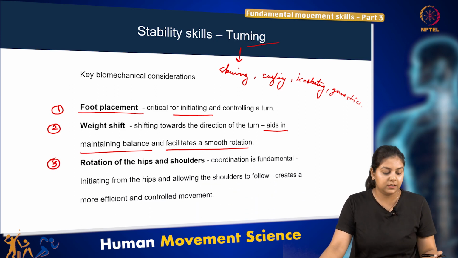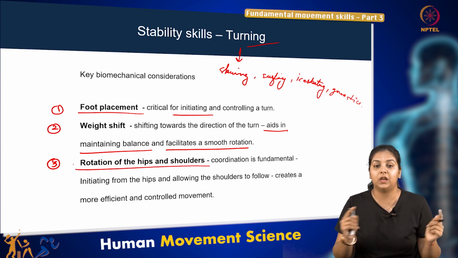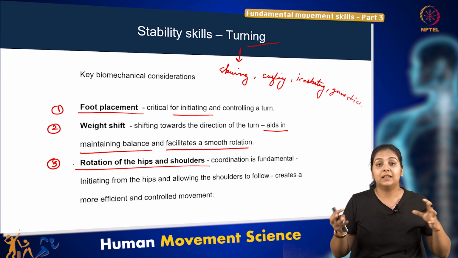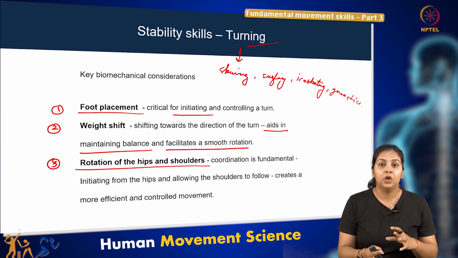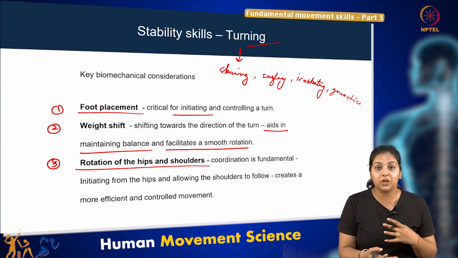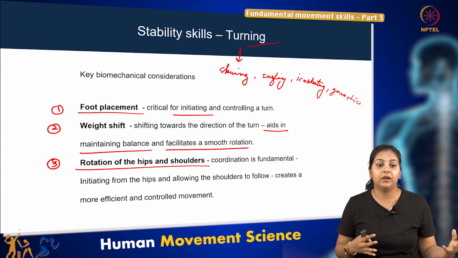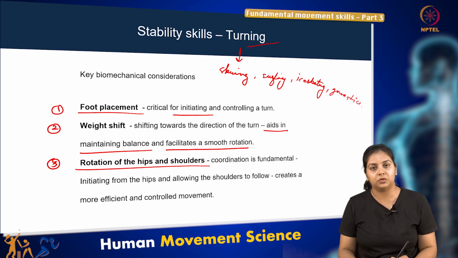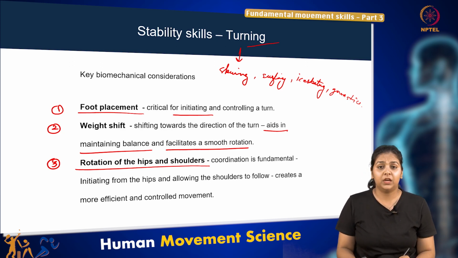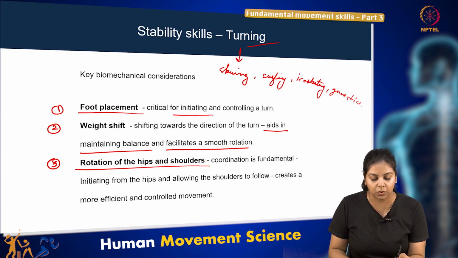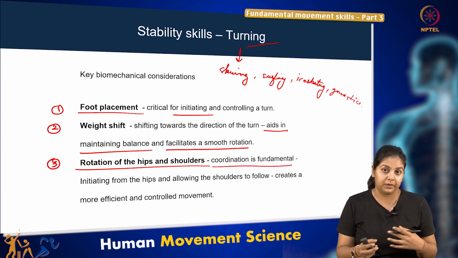Third most important characteristic or consideration would be the rotation of the hips and shoulders. Whenever you're turning, the interaction between your hip and your shoulder, the hip-shoulder separation, all of that is quite important, or those are quite important variables to look at when it comes to turning, right? So coordination is fundamental between the hip and the shoulder.